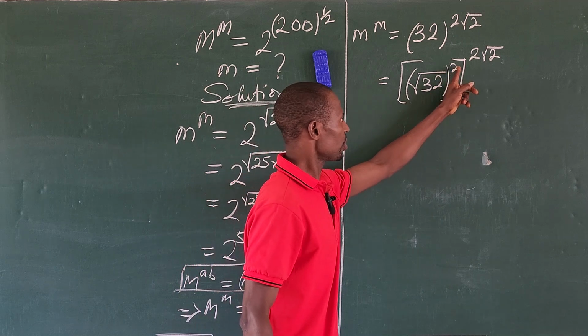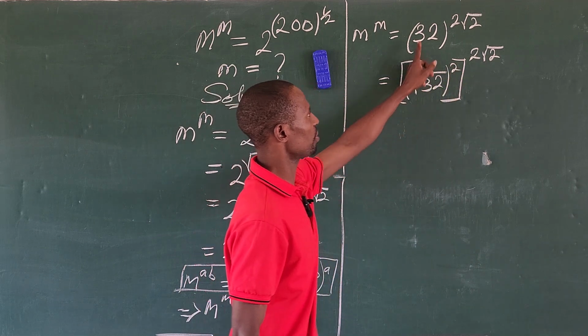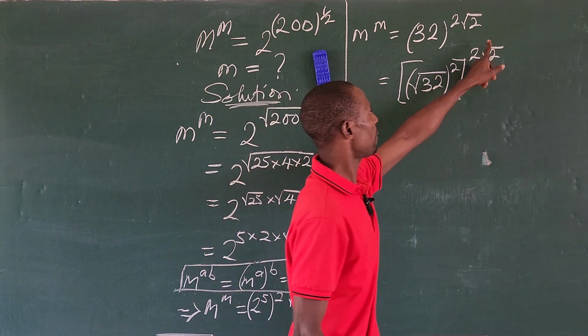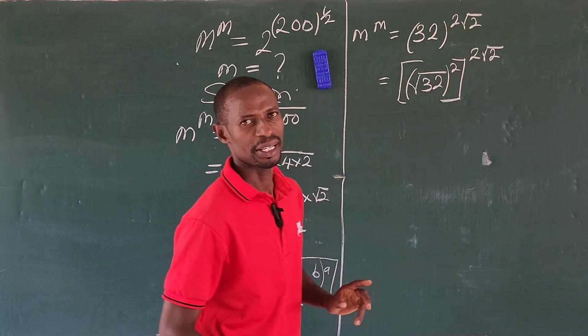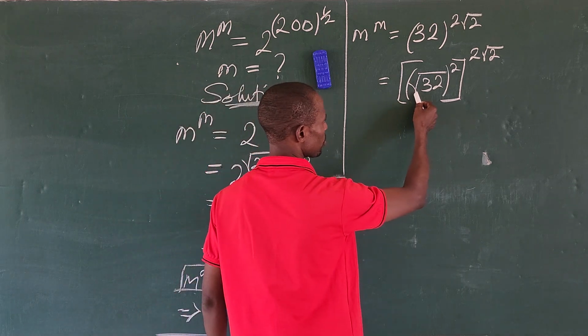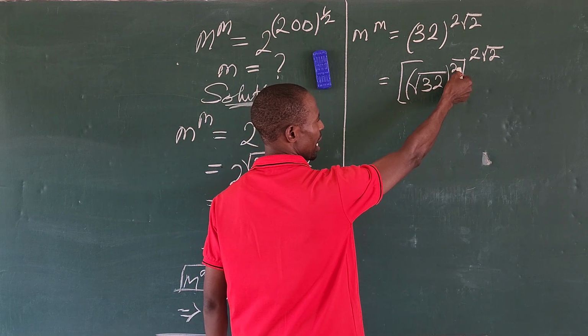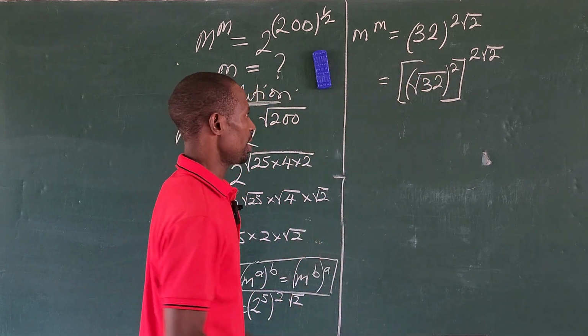If we use this power, which is 2, to cancel this radical, it will give us 32 back, and the exponent we have here has not changed. We only introduced a square root and a power that will cancel it to give us this back. Right? Good.